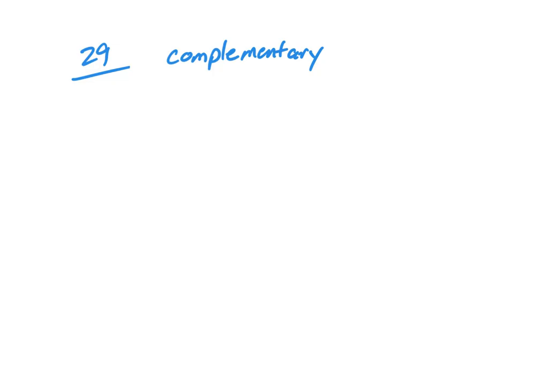If 2 angles are complementary, anybody remember what the word complementary tells me? Add up to how much? Yeah, perfect. Okay. Complementary means 2 angles that equal 90.